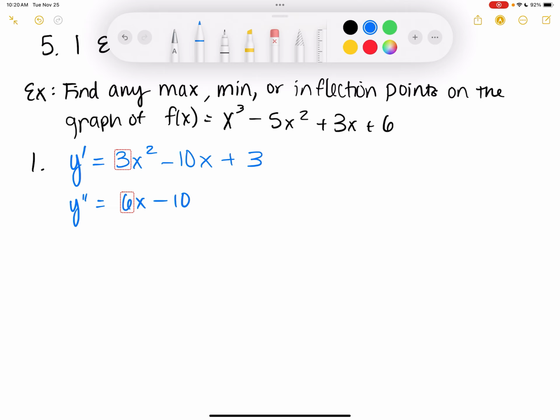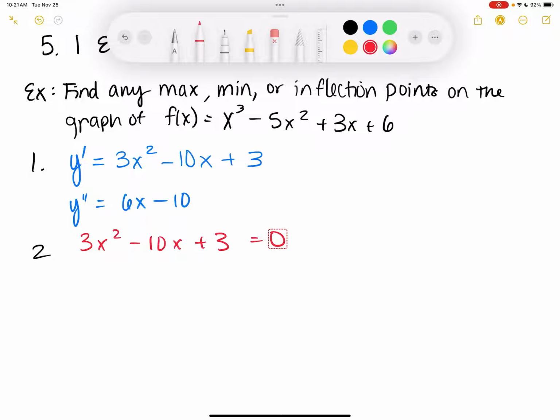Then the next step is we're going to find all critical points of y for all x for which the first derivative is equal to 0. So we are going to take our first derivative equation and set it equal to 0 to solve it. I'll have 3x squared minus 10x plus 3 equals 0. Then I would see if I can factor this, and negative 9 and negative 1 would work.